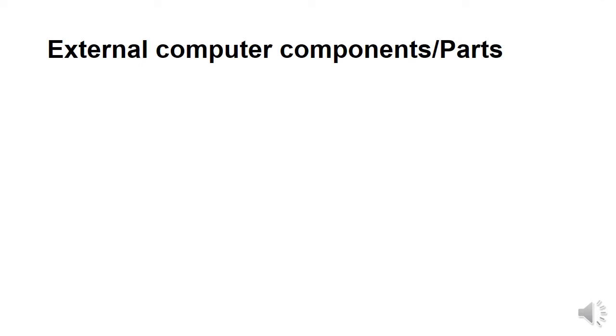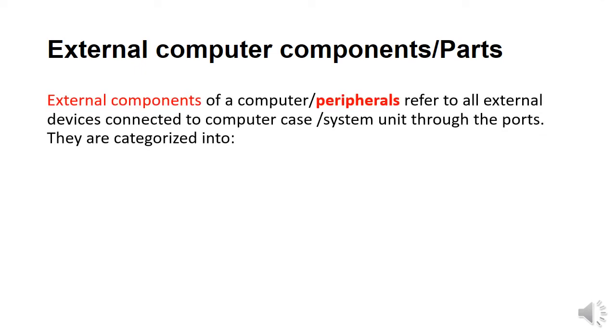External computer components are also called peripheral devices. This means that these are other computer devices which must be connected to the computer system through the computer ports, to exchange data from one component to another, or from one peripheral to the computer itself.